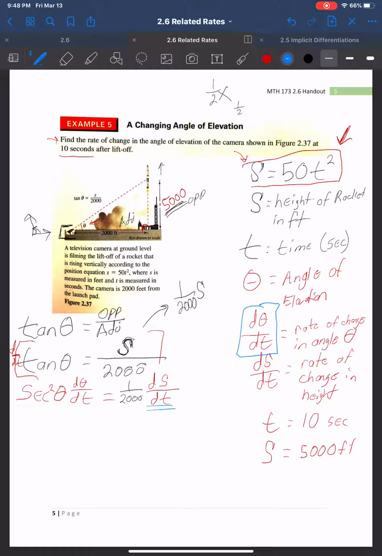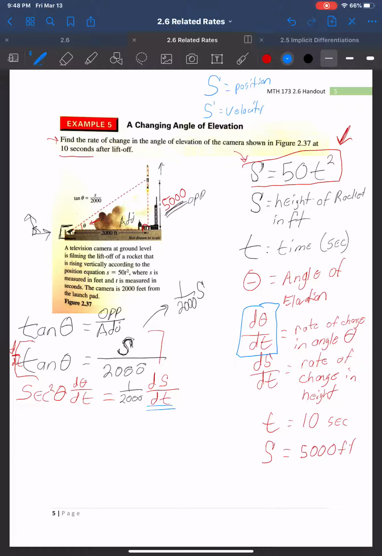Well, okay. So what is ds dt? First off, what is s? Obviously s is position. That would mean s prime is velocity. But what is s prime?